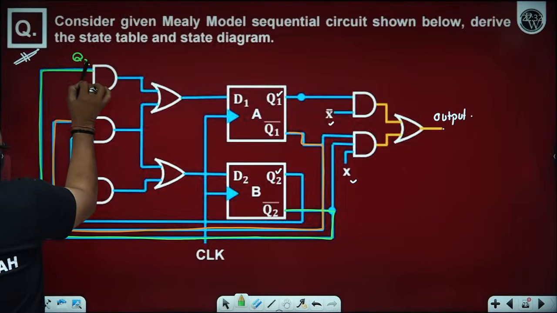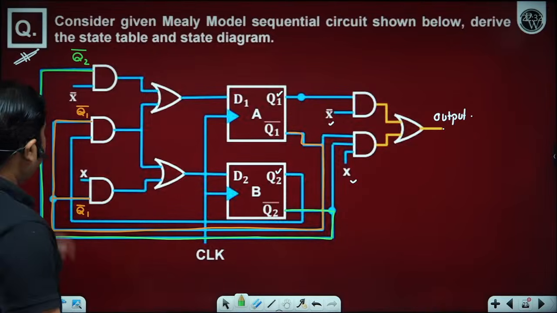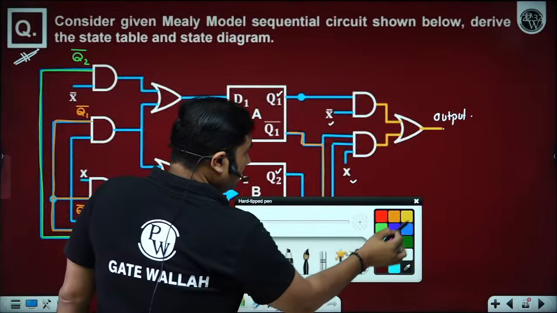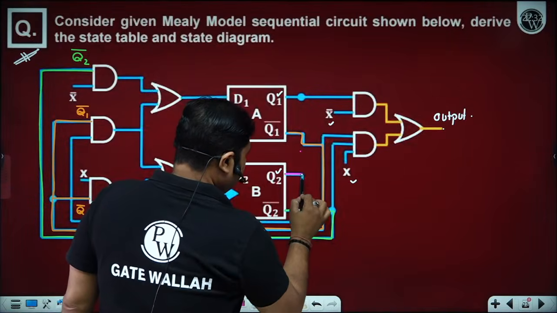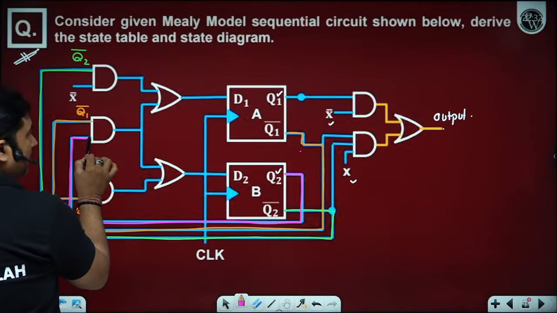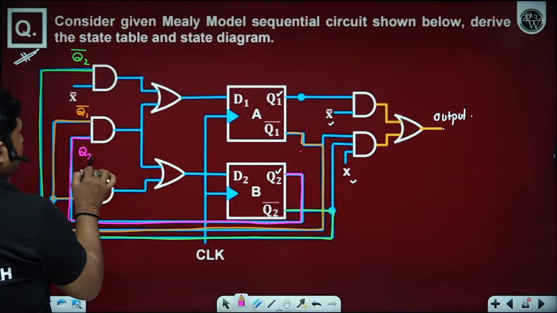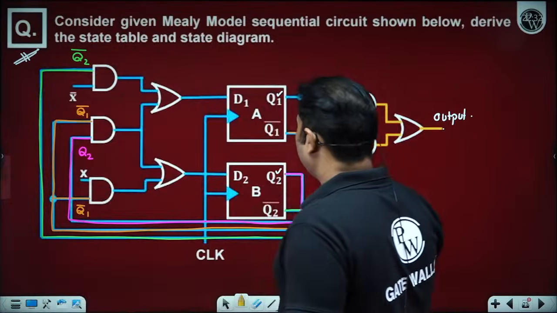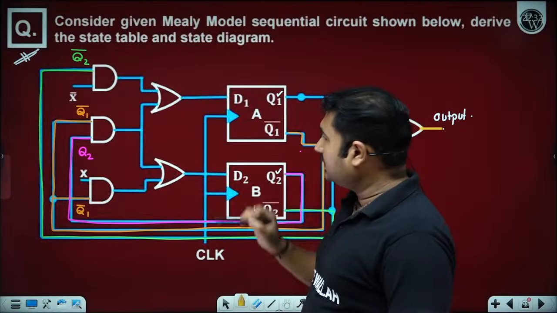Q2 complement, and we have X complement and X. One more: if you observe this one, Q1, Q2 is coming to this. Can you find out the input coming to D?